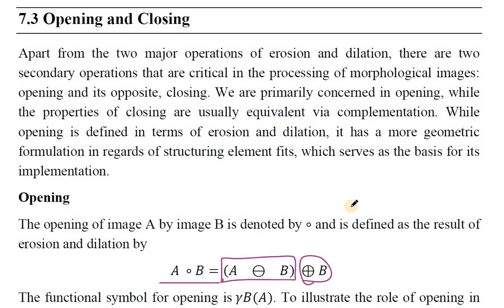Okay, now opening and closing are the operations which are eventually explained in terms of erosion and dilation only, and that's the reason I told you we need to remember the signs of erosion and dilation. I'll revise again. Erosion is shown like this, a circle with a minus sign inside it, and dilation is shown as a circle with a plus sign inside it.